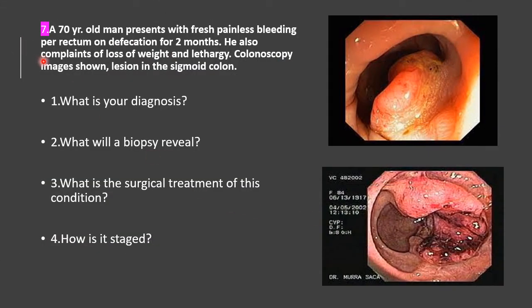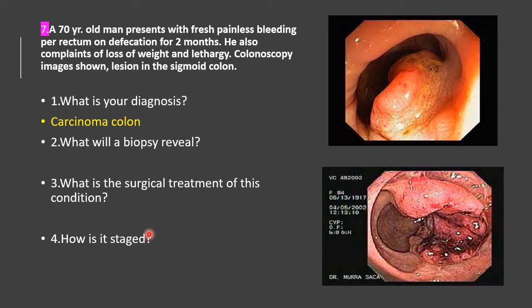Question number 7. A 70-year-old man presents with fresh, painless bleeding per rectum on defecation for 2 months. He also complains of a loss of weight and lethargy. Colonoscopy images are shown, and the lesions are found in the sigmoid colon. What is your diagnosis? Carcinoma of the colon.